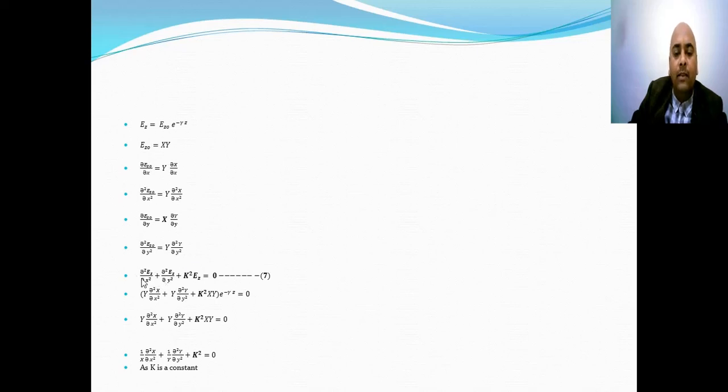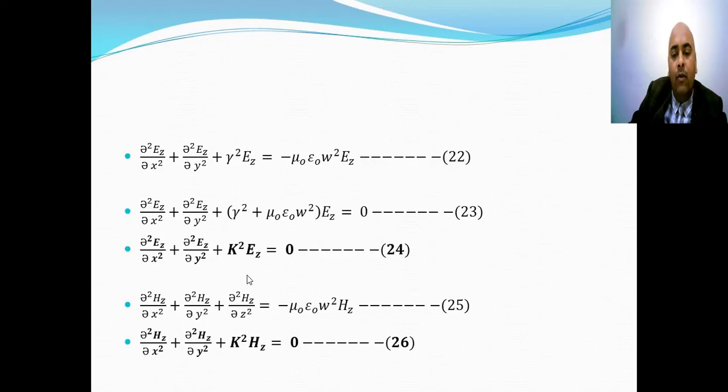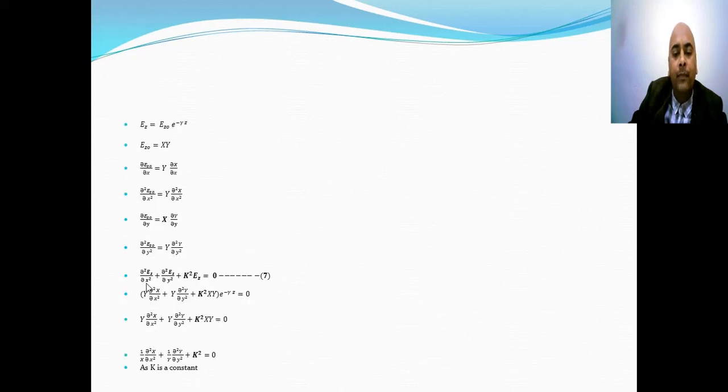So if we put these values, that is the differentiation with respect to x and y, in the equation that we have already found, we will obtain that ∂²Ez/∂x² can be written as Y ∂²X/∂x² plus X ∂²Y/∂y² plus k square into, in place of Ez, we are writing Ez0 into e raised to power minus gamma z, where Ez0 is X of Y.